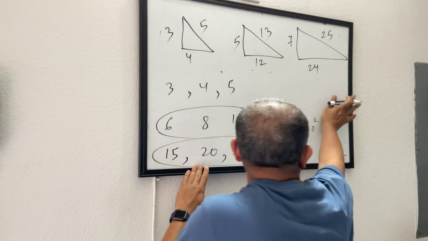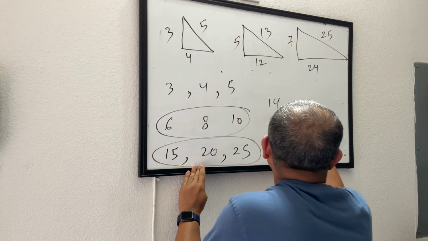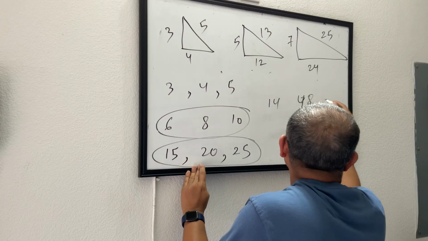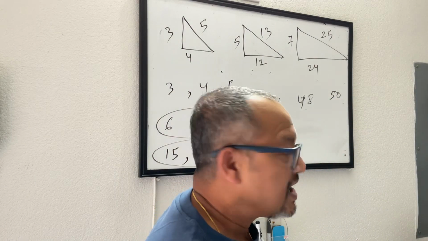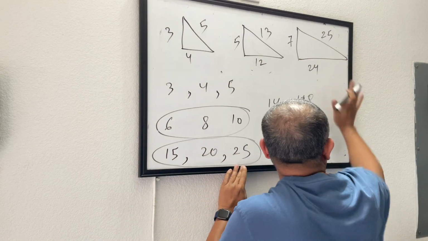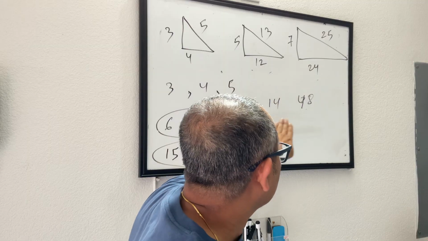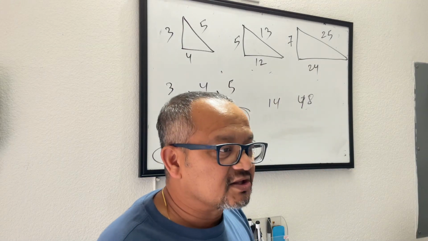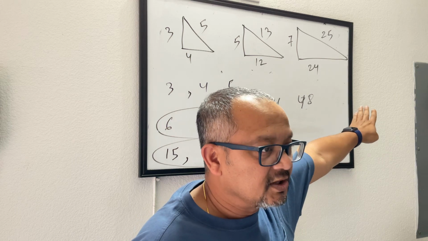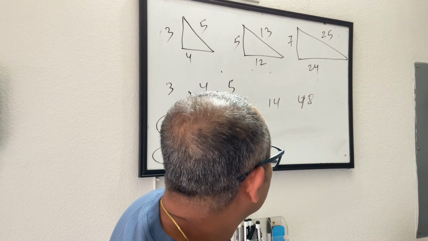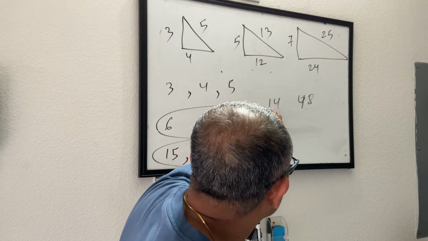Tomorrow somebody says that I have 14, 48 and 50 as 3 sides. Or somebody says, okay, I have a right angle triangle. One side is 14, other side is 48. What is the third side? Obviously, you can apply Pythagorean theorem and do it, or else you are clearly seeing that this is an even number.